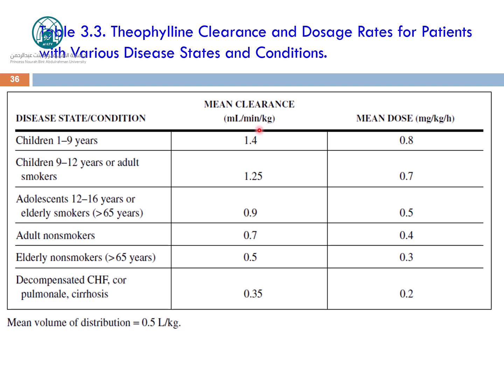For example, for children aged between 1 to 9 years, say the child is 5 years old and weighs 20 kilograms. This value 1.4 should be multiplied by 20, which ends up with 28 milliliters per minute.